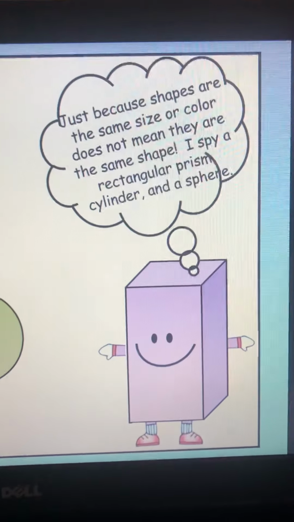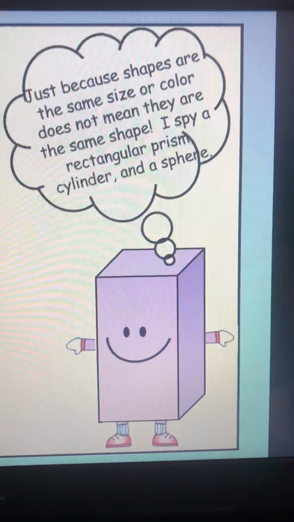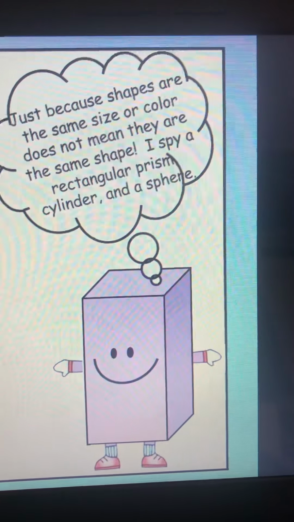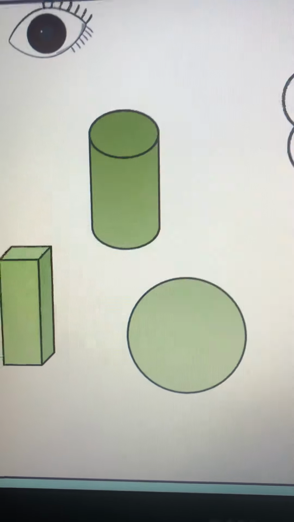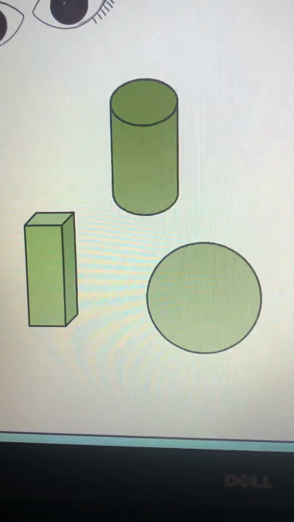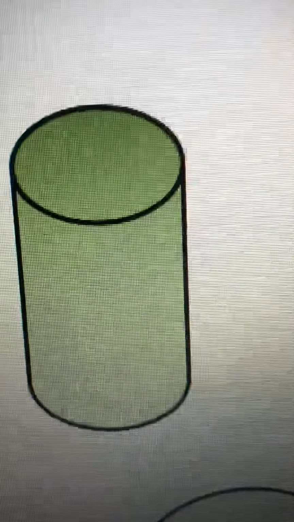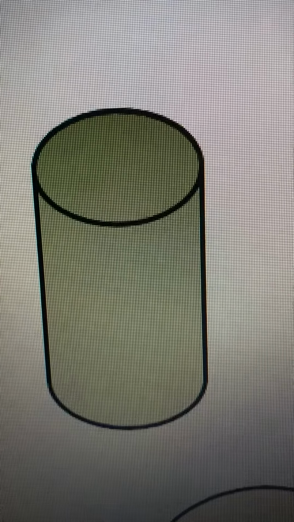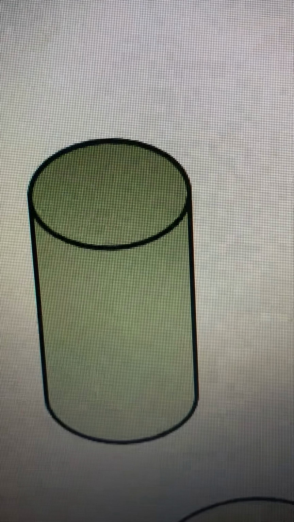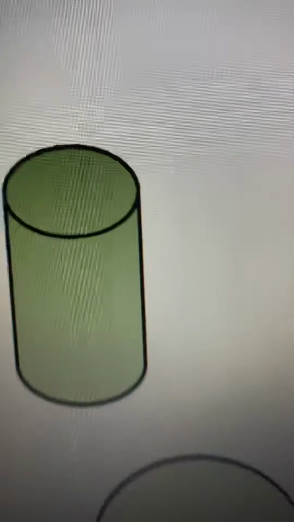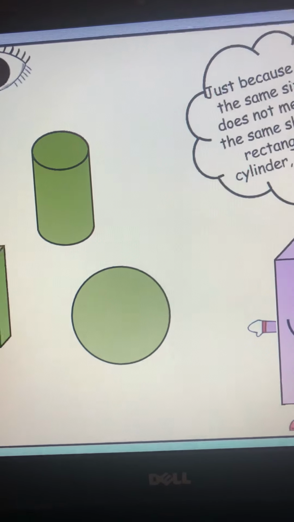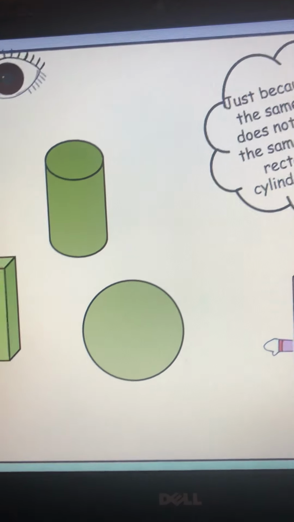Just because shapes are the same size and color does not mean they're all the same shape. So these are all green shapes about the same size, but obviously they're not the same. One is a rectangular prism. We just talked about those. A cylinder is like a can. If you've ever seen a can of soup, that would be a cylinder.